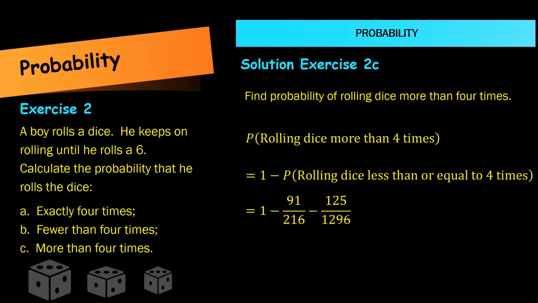This is equal to 1 minus the probability of rolling the dice less than 4 times, and this value of course is from part B, minus the probability of rolling the dice 4 times, and this value is from part A. And tidying up gives us this expression, which is equal to 625 out of 1296.